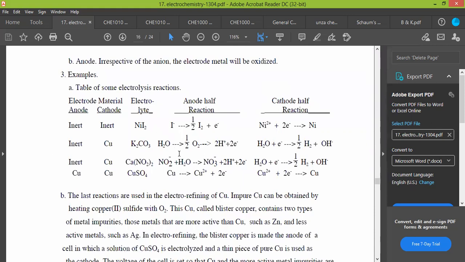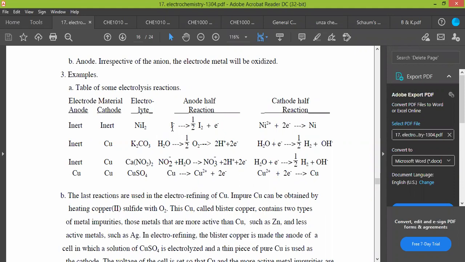By giving examples here, with inert electrodes, and then cathode, anode. These are the solutions that you have: nickel iodate, potassium carbonate, calcium nitrite, and copper sulfate. So there are half reactions. Remember, the anode reaction is an oxidation reaction.